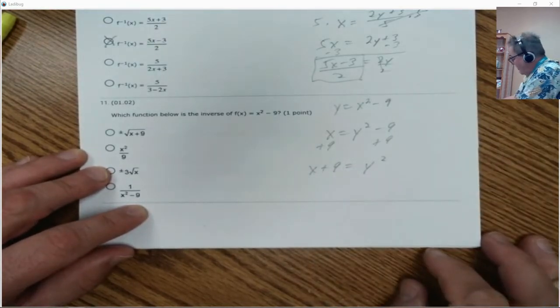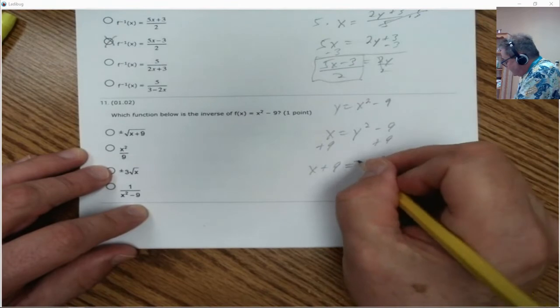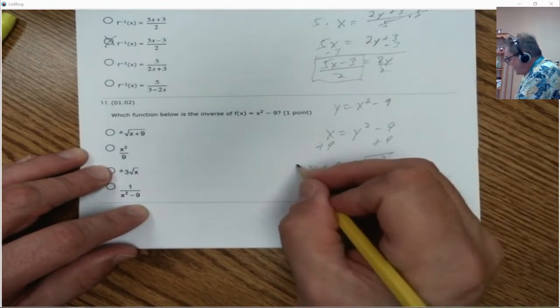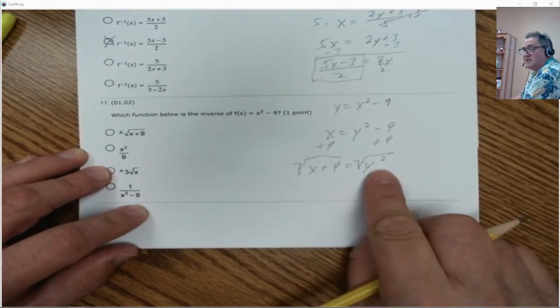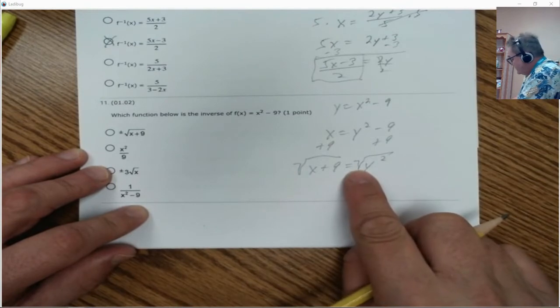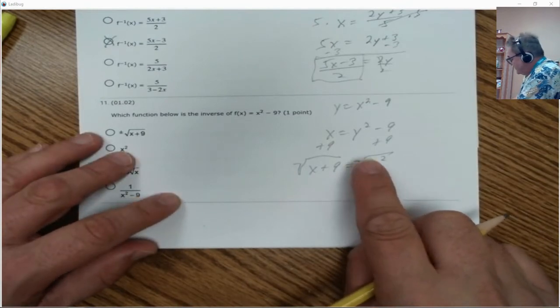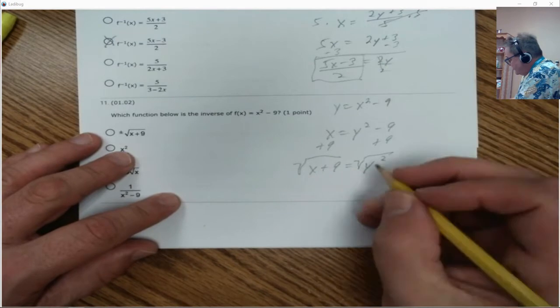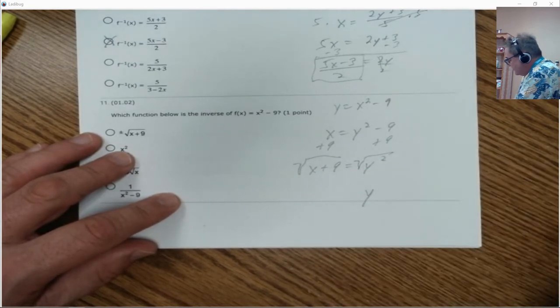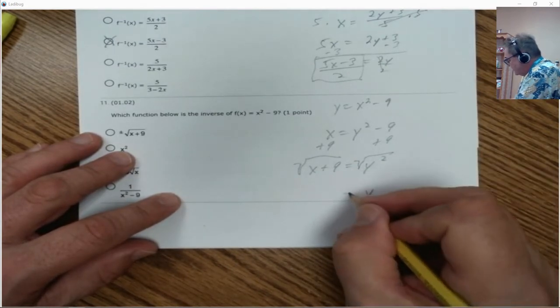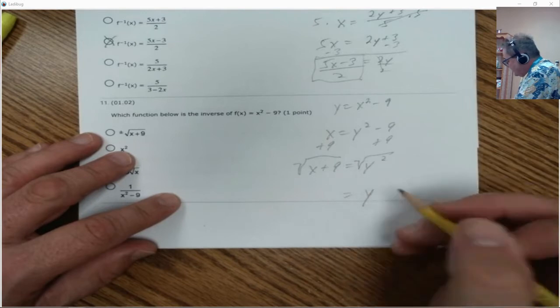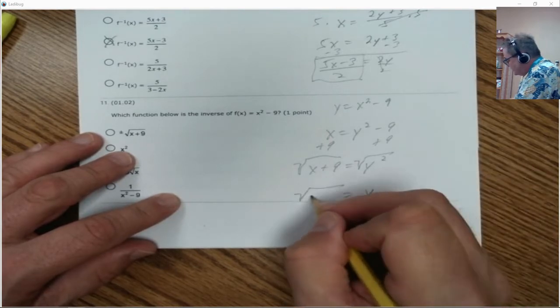Oh, but we need just y, so the inverse operation of squaring is the square root. The square root of something squared is just what is underneath there. So the square root of y squared is just y. And that is as simple as we can get. Square root of (x plus 9) does not simplify.